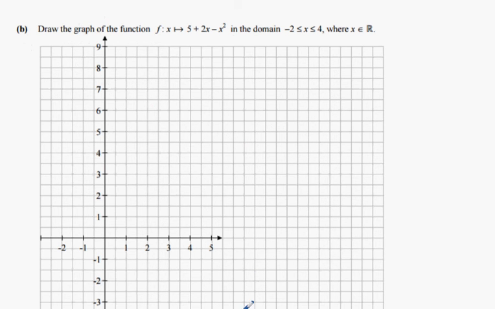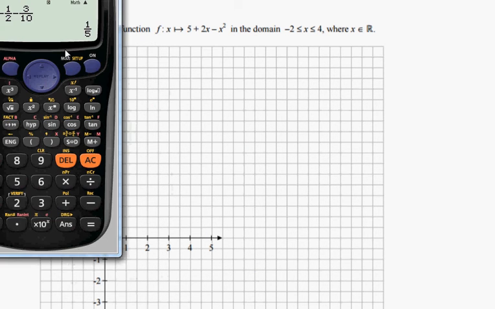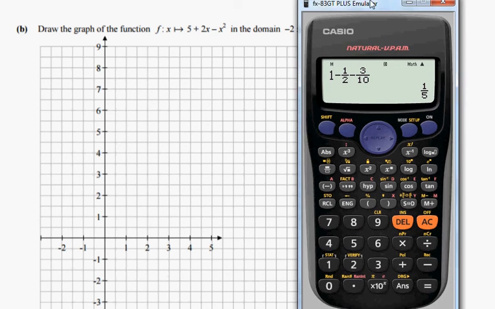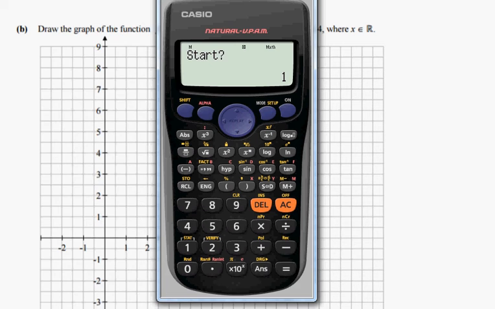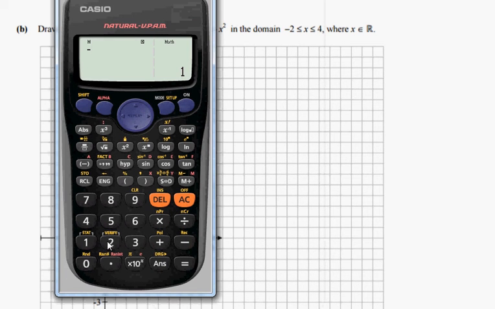What function do you use? What do you press in the calculator? Mode, table. Then 5 plus 2x minus x squared, yeah? Start at minus 2.